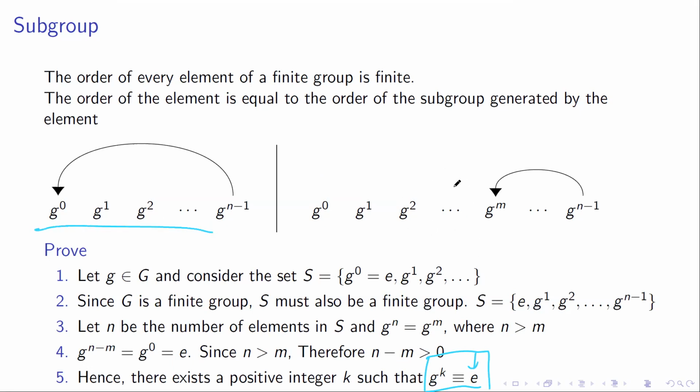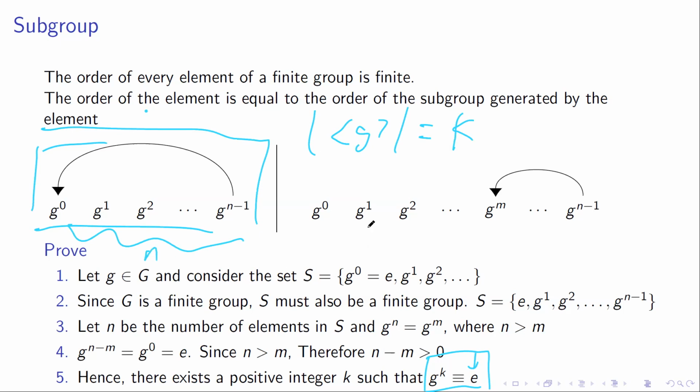And the order of an element is equal to the order of the subgroup generated by the element. This basically means the order of the element is equal to K. You see that this is actually a complete group. How many elements are here?